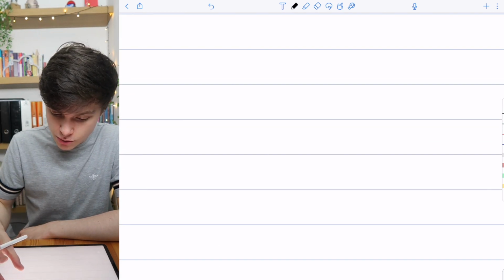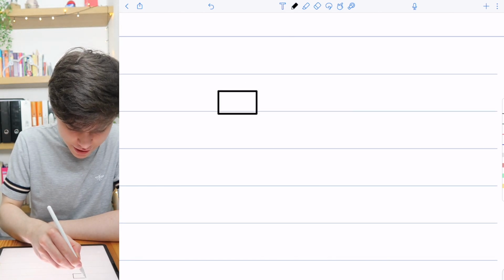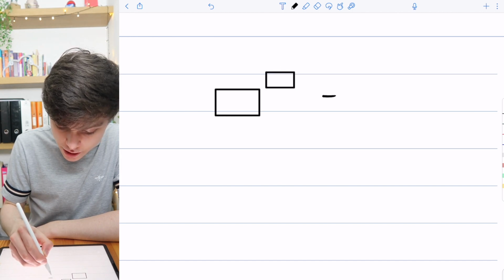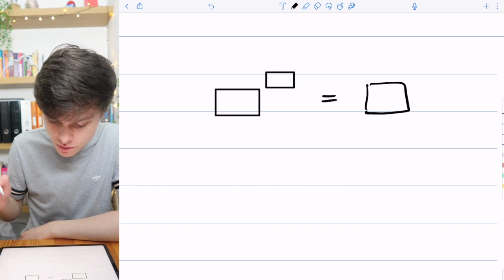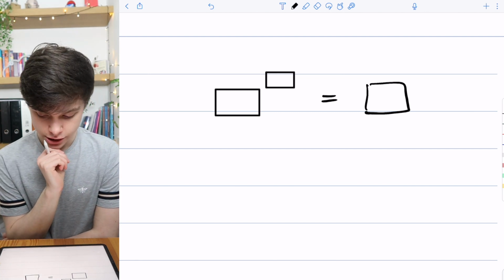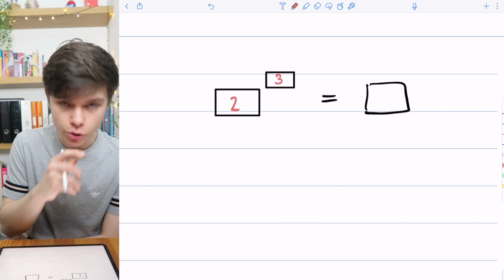So I'm going to do a little bit of notation in the corner here, and I'm just going to see if I can draw some boxes. Perfect. I need to introduce some notation, and I'm going to do this using the example 2 cubed.